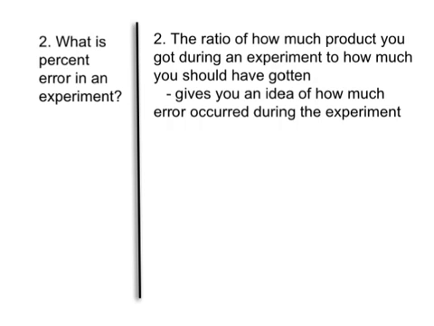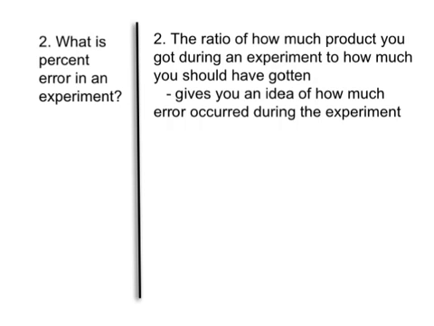It's pretty big, because your 60 grams is nowhere near the 100 grams you should have gotten. So that means that something went wrong, and actually a lot went wrong in the experiment. So whenever we're taking a look at percent error, it's going to help us pinpoint and discuss what went wrong in the experiment.